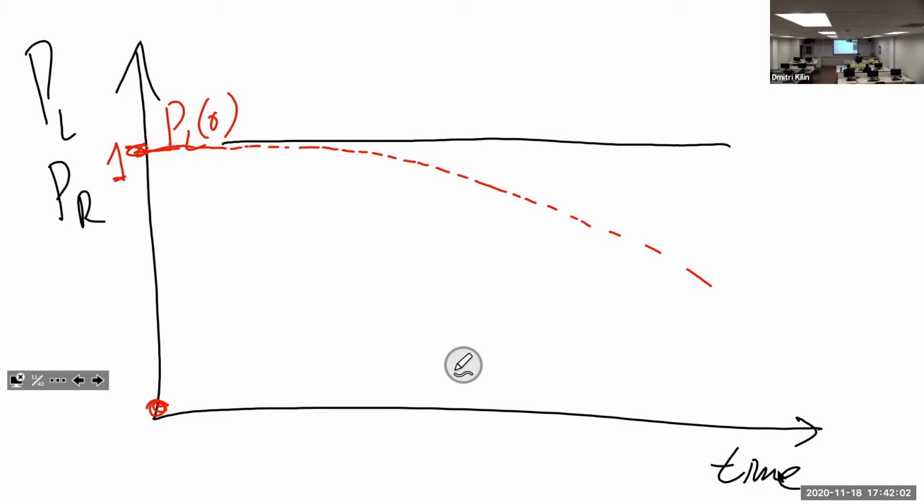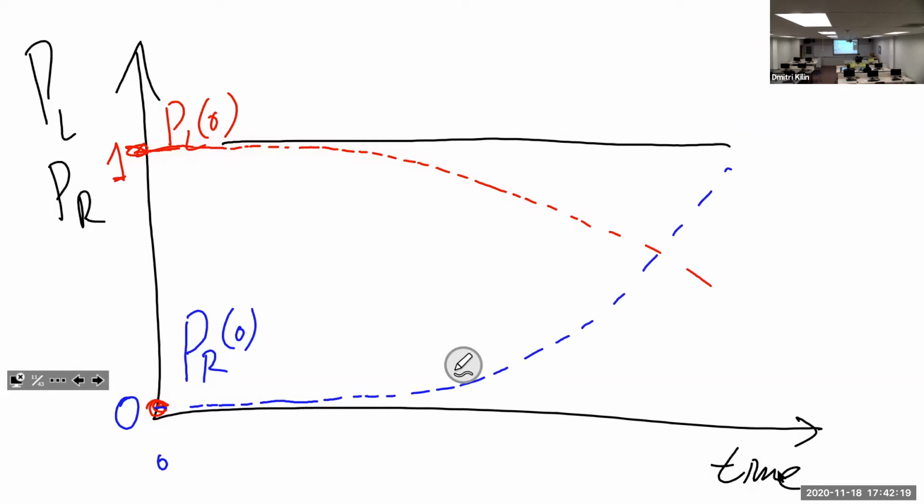At the same time, the probability of the acceptor was 0, nothing there, but it will slowly start growing, with the understanding that P right plus P left should always be 1.